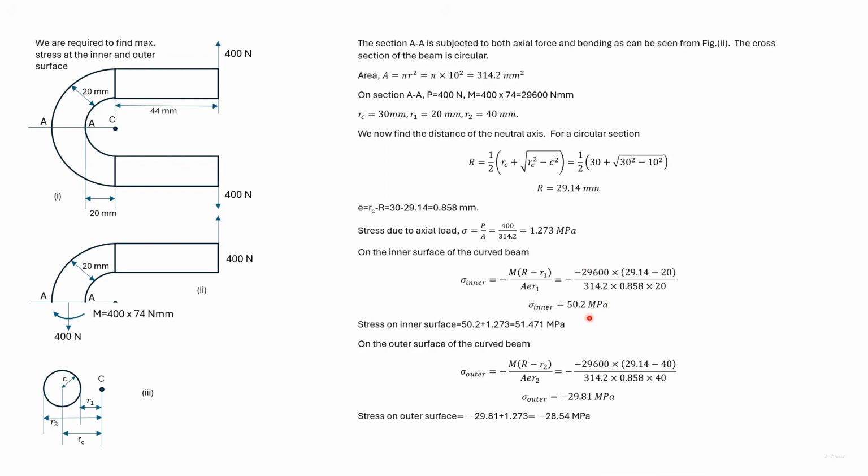The stress due to bending in the inner surface is tensile, and we add the stress of the axial load to get the net stress on the inner surface. The stress in the outer surface is compressive. Again, we add this to the tensile stress due to the axial load to get the net stress.